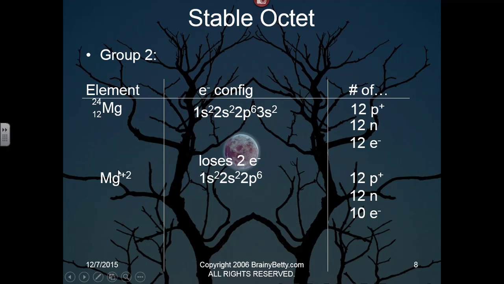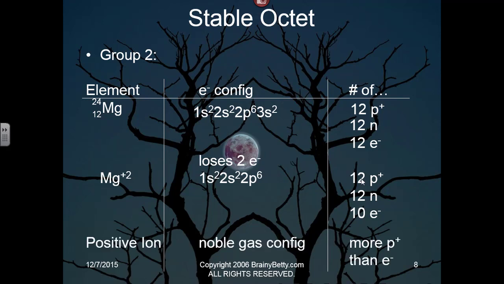We write those 2 pluses over here, smaller and higher, to show that magnesium has lost 2 electrons. There's 2 protons now that aren't being balanced out. We've again made a positive ion, which has a noble gas electron configuration, and it's positive because there's more protons than there are electrons.